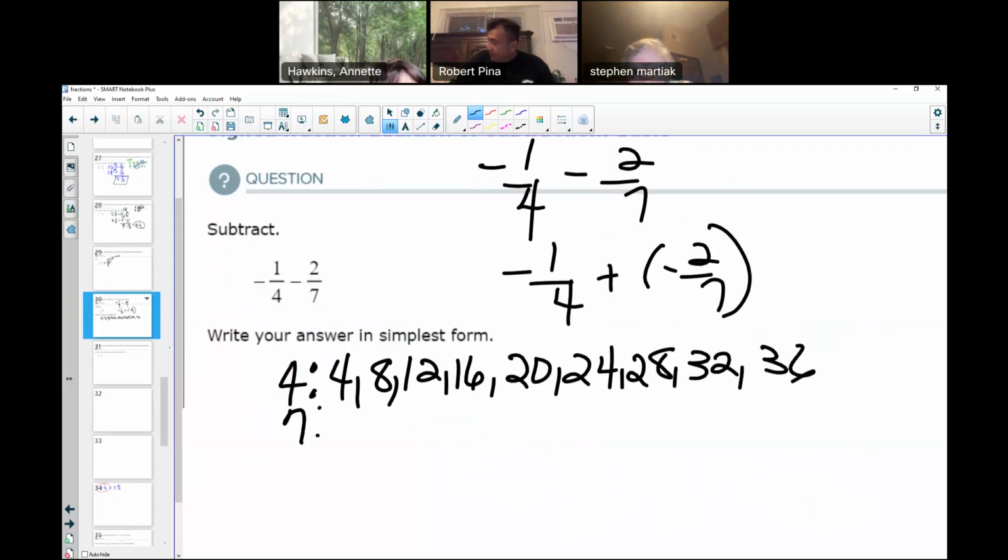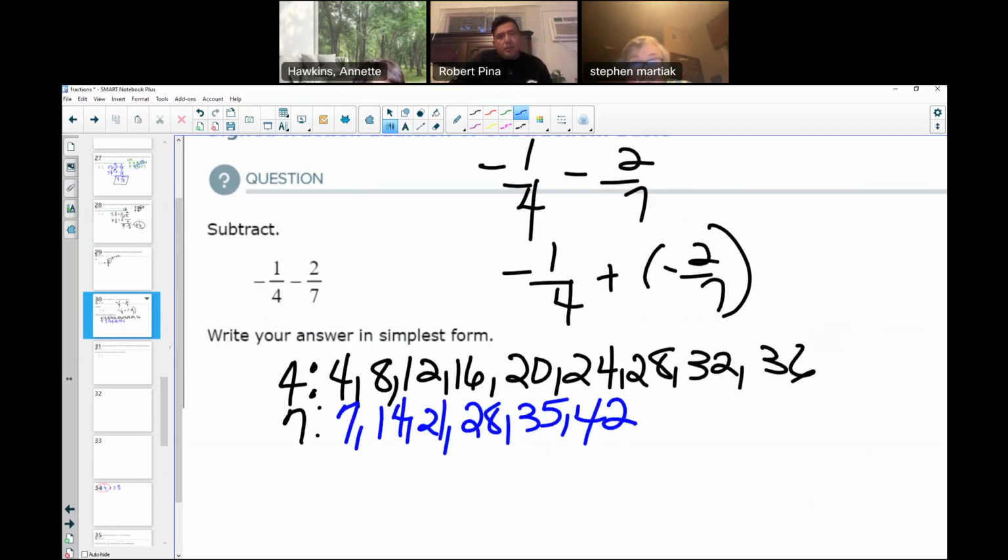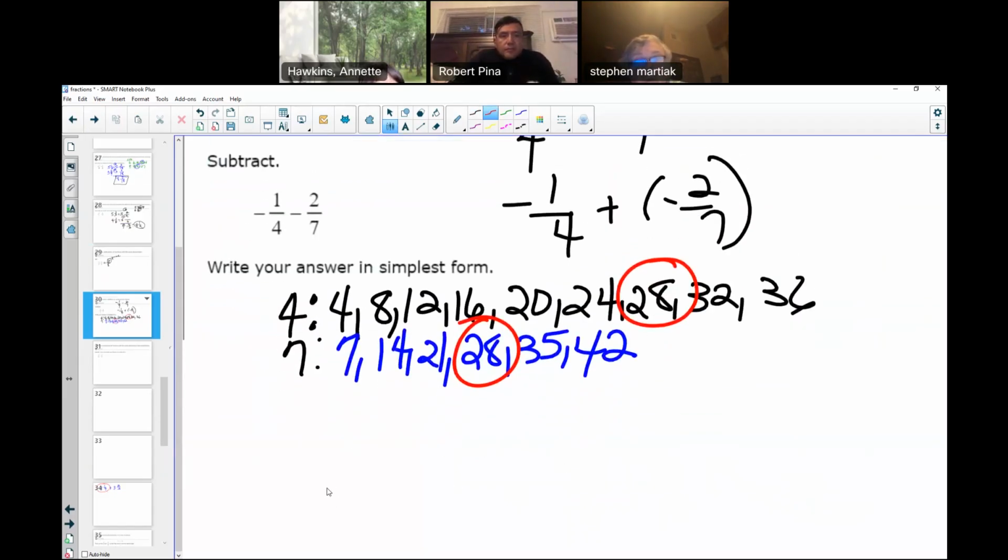Let's write all the multiples of 7: 7, 14, 21, 28, 35, 42. Okay, I see something. 28 and 28. Do you see that? Yes. So now we need to change each one of these to 28.